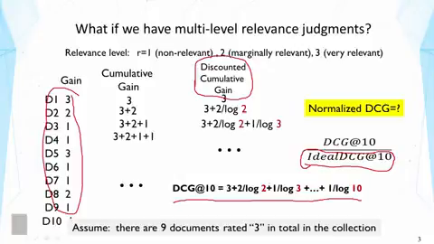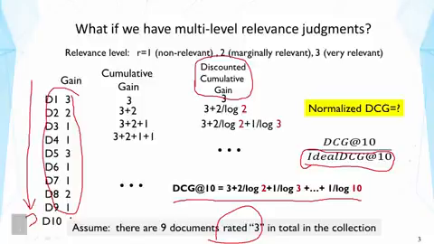So imagine if we have 9 documents in the whole collection rated 3 here, and that means in total we have 9 documents rated 3. Then our ideal ranked list would have put all these 9 documents on the very top. So all these would have to be 3. And then this will be followed by a 2 here, because that's the best we could do after we have run out of 3s.